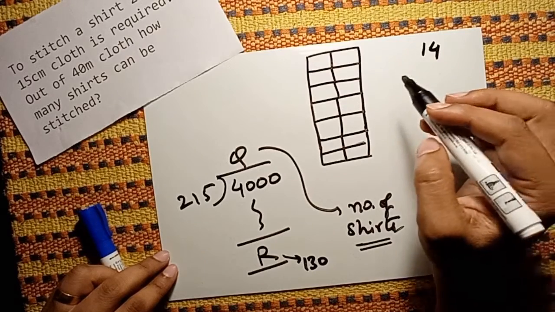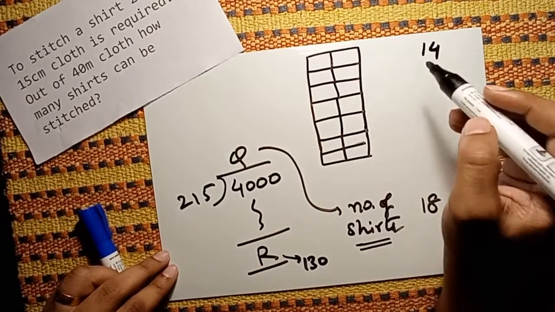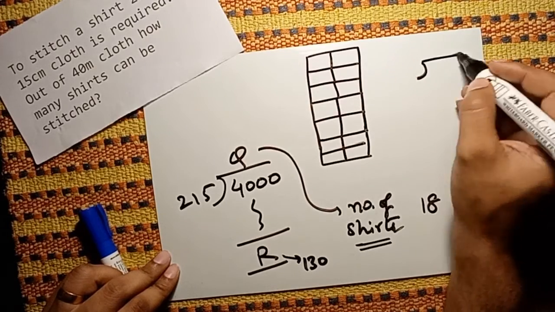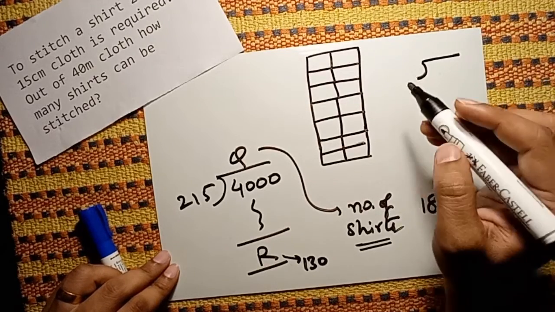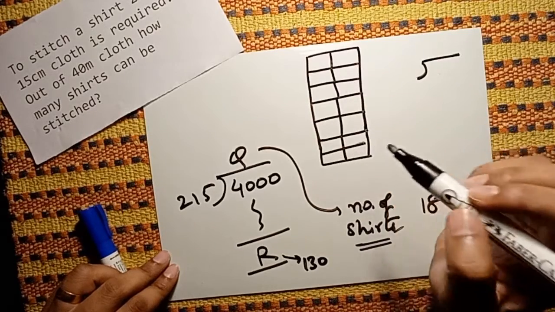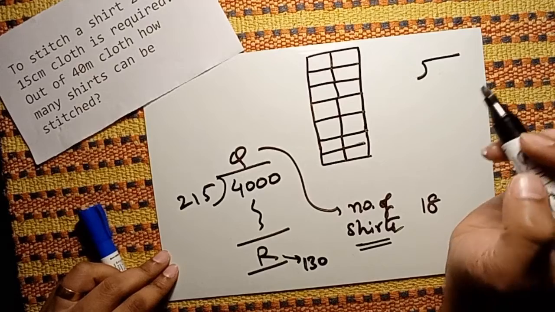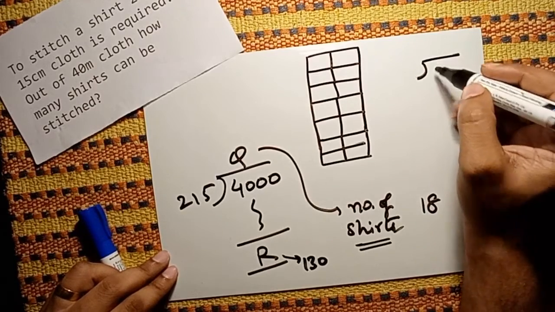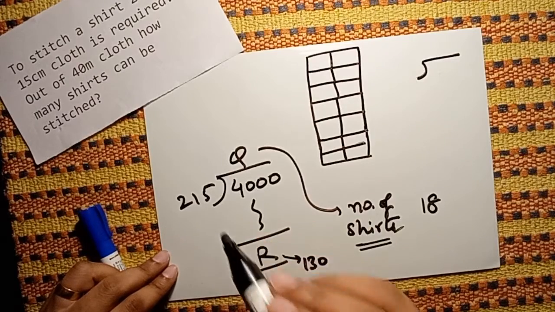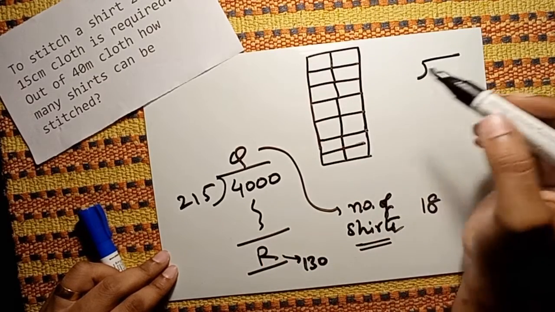Each kid wants how many blocks? 4. So the question is, how many kids can get these chocolate blocks to eat? So it is exactly like this problem. Instead of cloth and shirt, I am using chocolate and blocks.